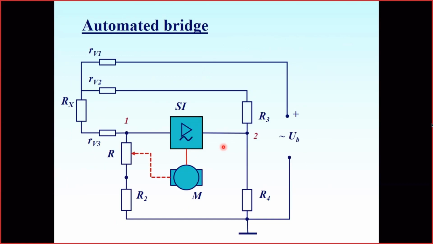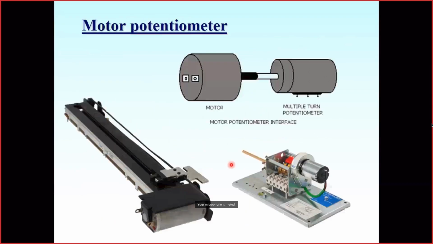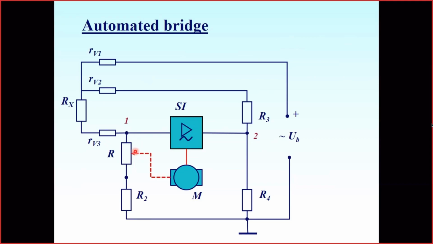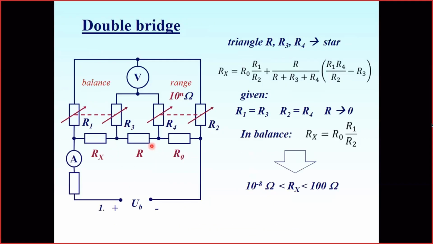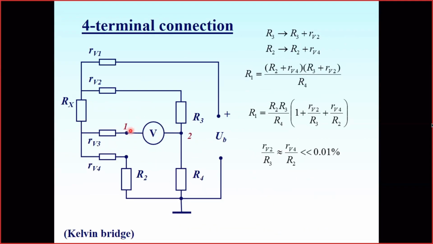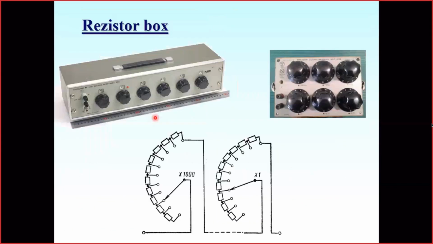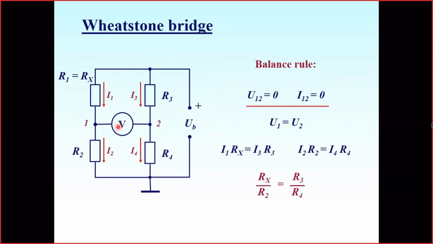And finally, some comment, because we are going to finish now, about the automated bridge. Generally, let's look at what happens if the bridge is not in balance, especially the bridge with the voltage. If it's not in balance, we have some voltage between points 1 and 2.